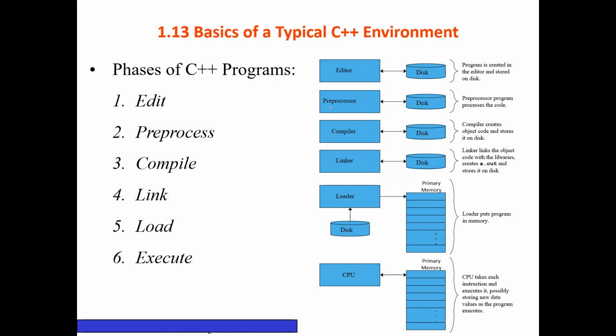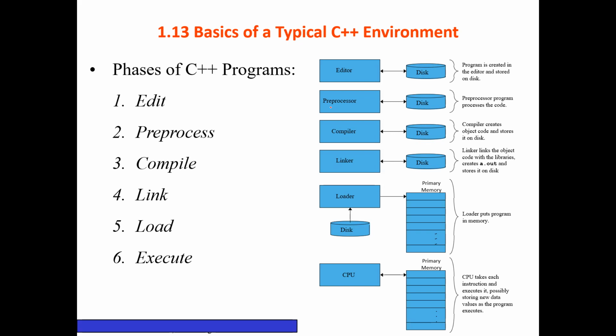Then we have another program involved in the execution of your C++ program. This is the linker, which links your program and your subroutine or function references. For example, iostream.h is for managing the input-output operations of your program.